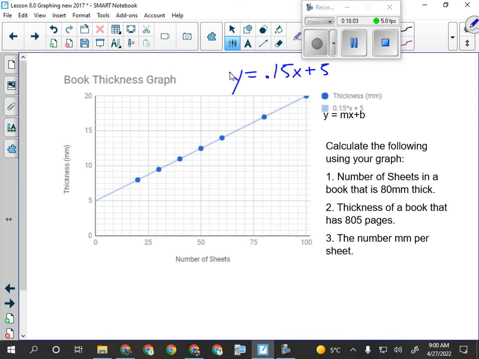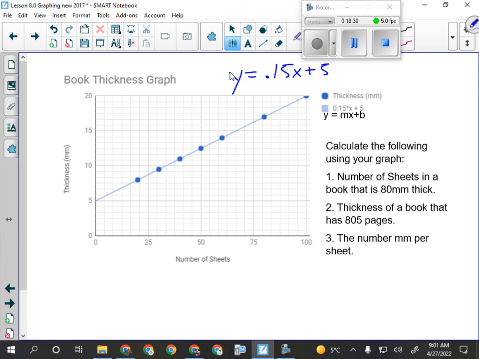Is it like front and back cover? Yeah, it's the cover. So a book cover, on average at least, according to this graph, is 5 millimeters. M, the slope, is telling me basically how thick each page is. Y tells me the thickness of a book, and x tells me the number of pages.